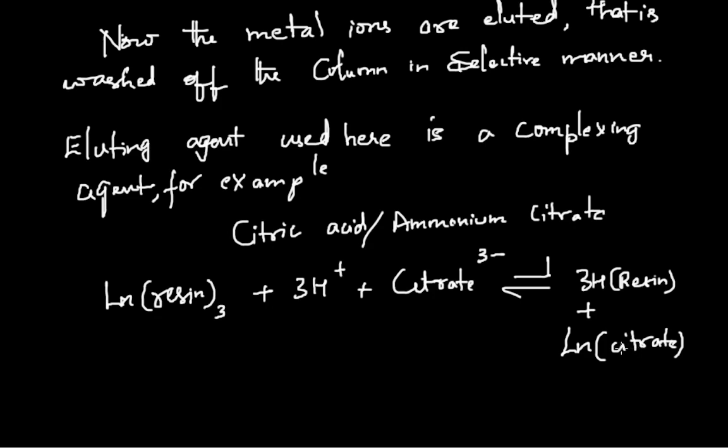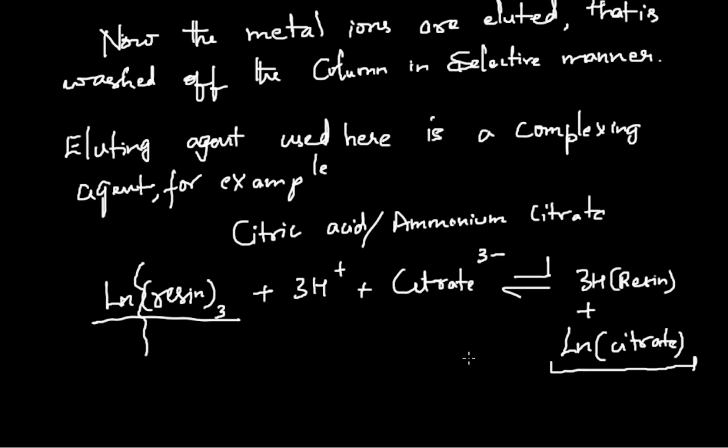This is the equilibrium, which means as the citrate solution flows down the column, Ln3+ ions are removed from the resin and form the citrate complex. Ln3+ and citrate3- form the citrate complex.